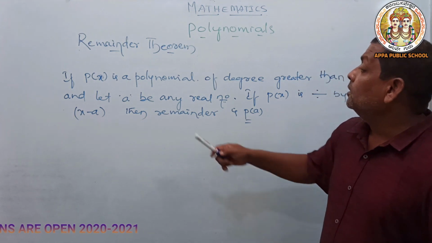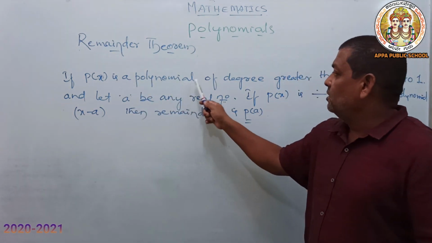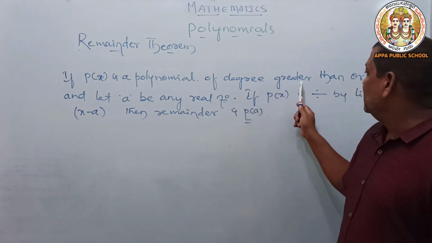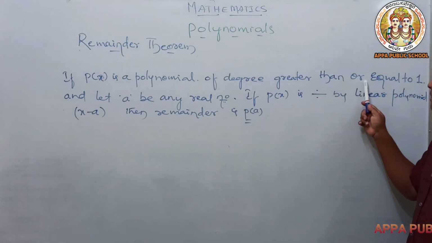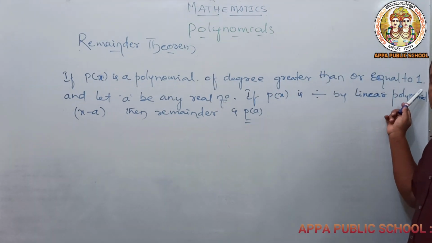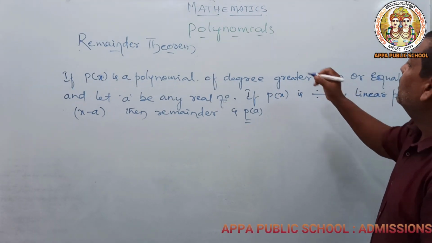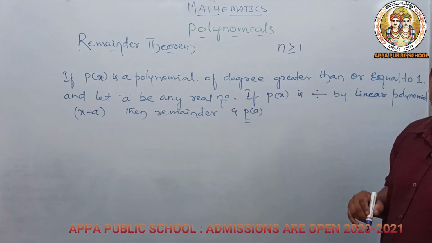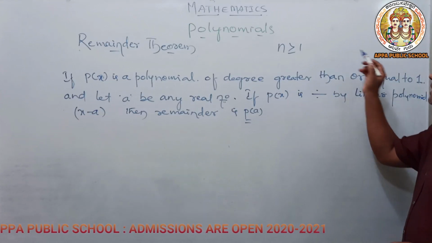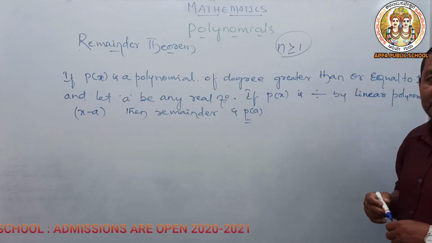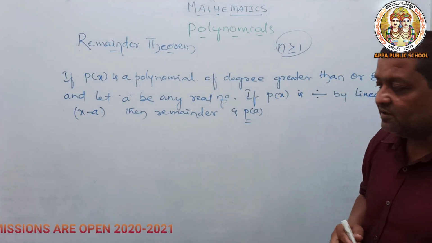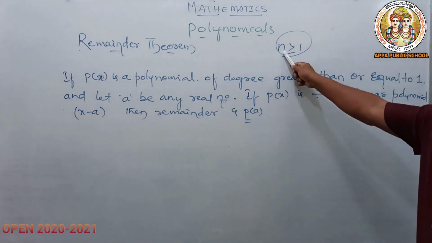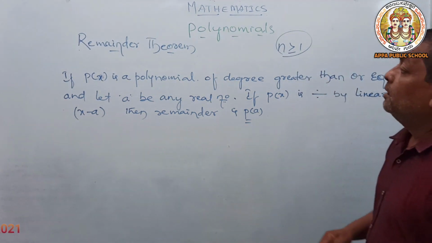P of x is a polynomial of degree greater than or equal to 1, so n is greater than or equal to 1. Symbolically we can tell it easily: n is the degree.